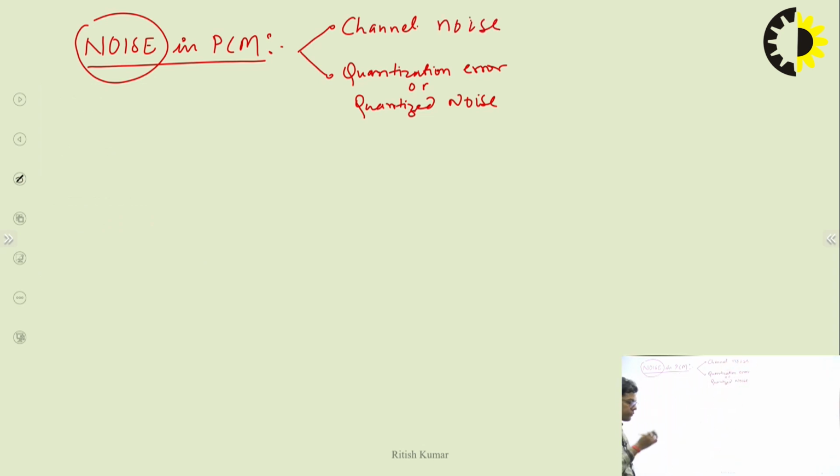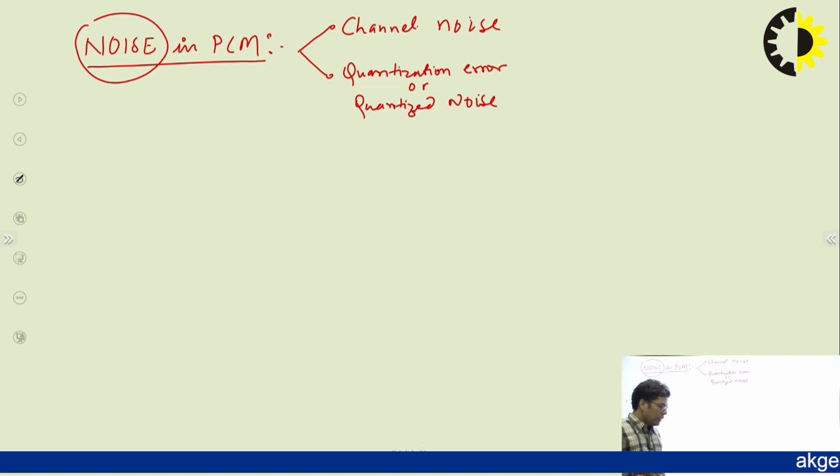In the PCM system, after passing the signal through the channel, we have to use regenerative repeaters. The regenerative repeater is used to eliminate the channel noise. What is the function of a regenerative repeater?